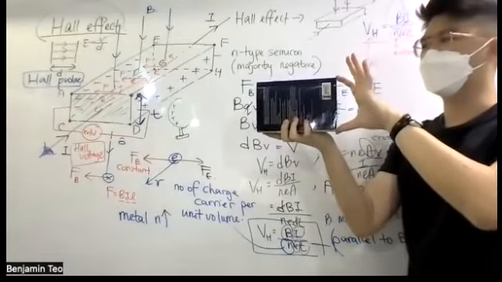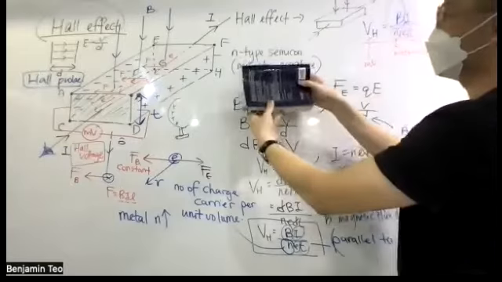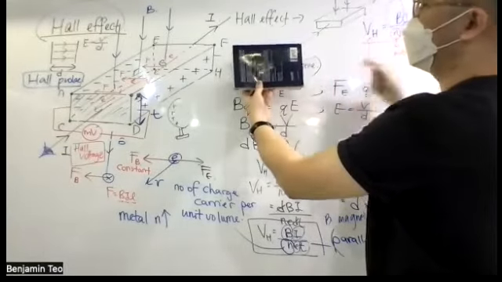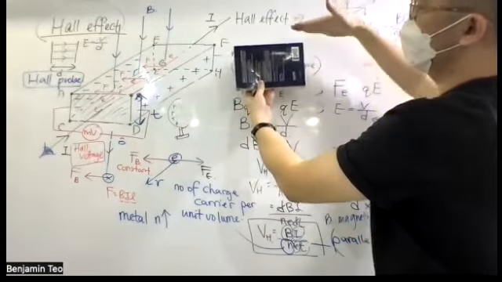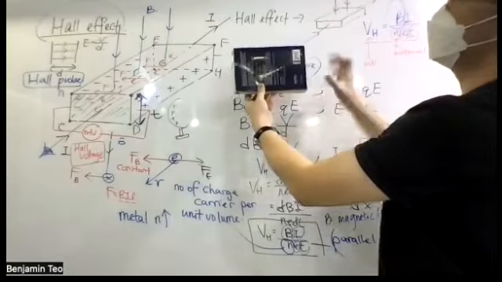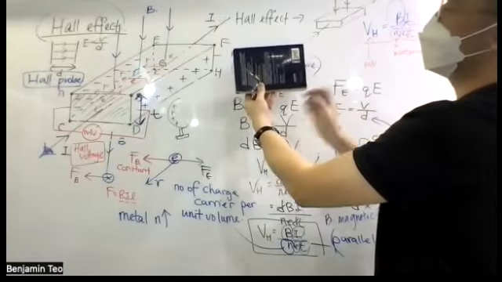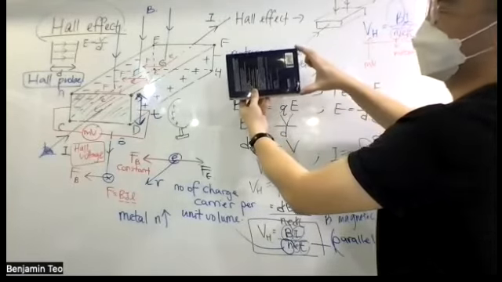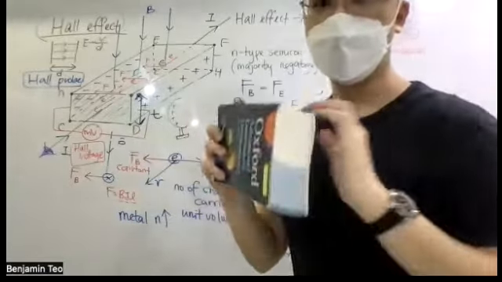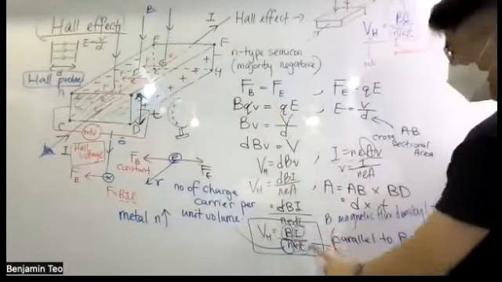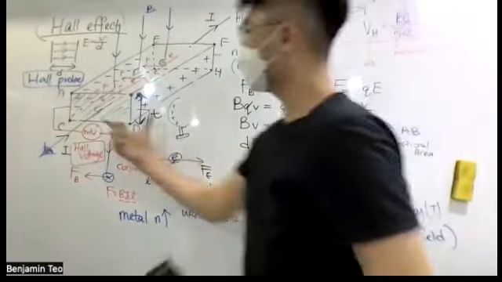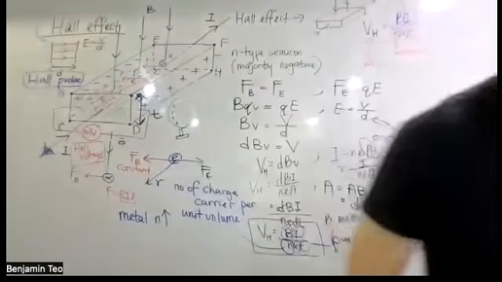Like this, with the magnetic field coming from anywhere, you can find the thickness T and do the calculation.